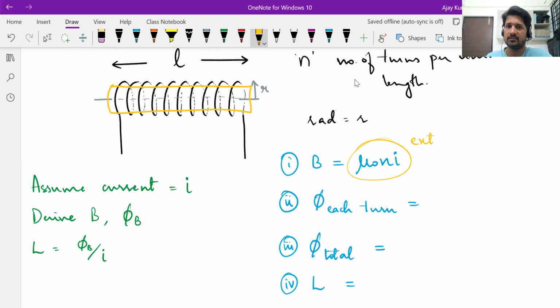But to the material inside the solenoid, this is an external field. And that material, if it gets magnetized, will produce an additional magnetic field. Then the net magnetic field has to be considered. We'll discuss that. For now, let us assume there is no other material present. It's an empty solenoid. In an empty solenoid, this itself will be the magnetic field produced, mu naught n I. So Isha, can you tell me the direction of this magnetic field?